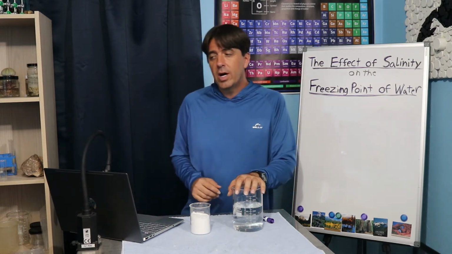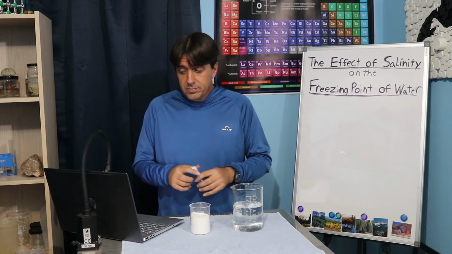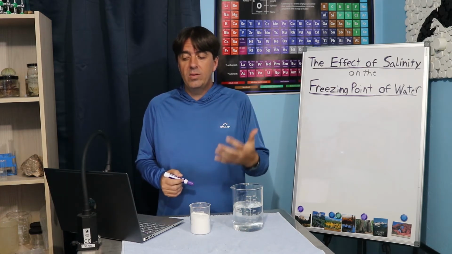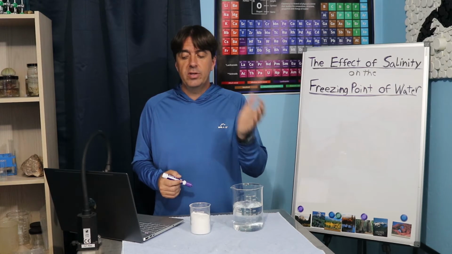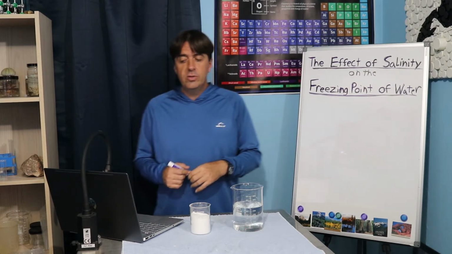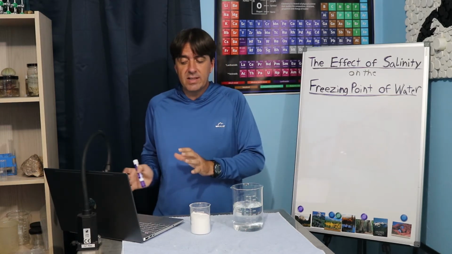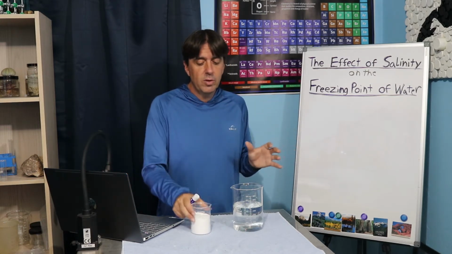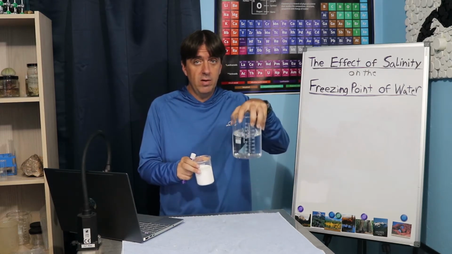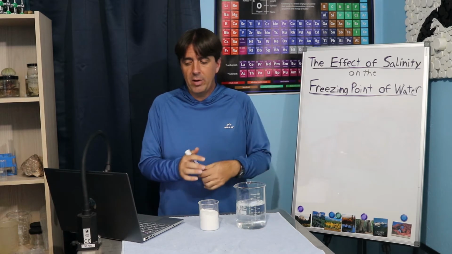The next thing I want to talk about has to do with molarity. Molarity is one way in which we can measure the concentration of solute in a solution. Molarity is the concentration, the amount of substance per unit volume. So how much salt per volume of water? That is essentially what we're talking about here.